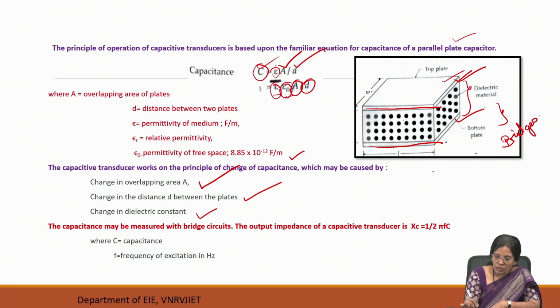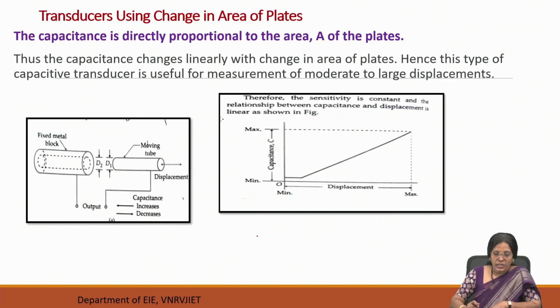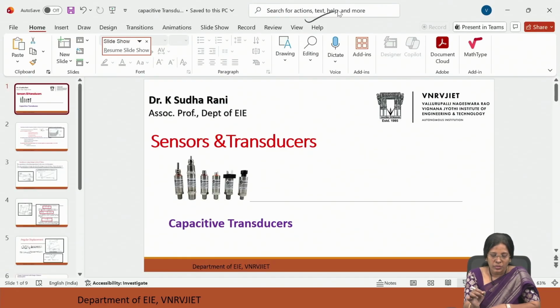The impedance of the capacitive transducer is XC equal to 1 by 2 pi F C, where C is the capacitance and F is the excitation frequency in Hertz. Let's see one by one how the capacitance changes with respect to the change in the overlapping area of the plates.